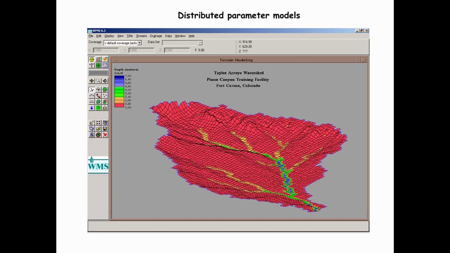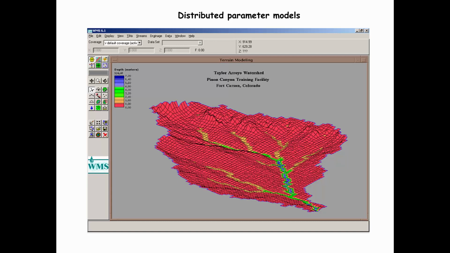Here it's basically a plot of the water depth at different parts of the watershed. You have the upland areas, which have very small water depth, and then the blue areas that show the depths of flow in the stream channel. And we can also look at solute transport with this model.